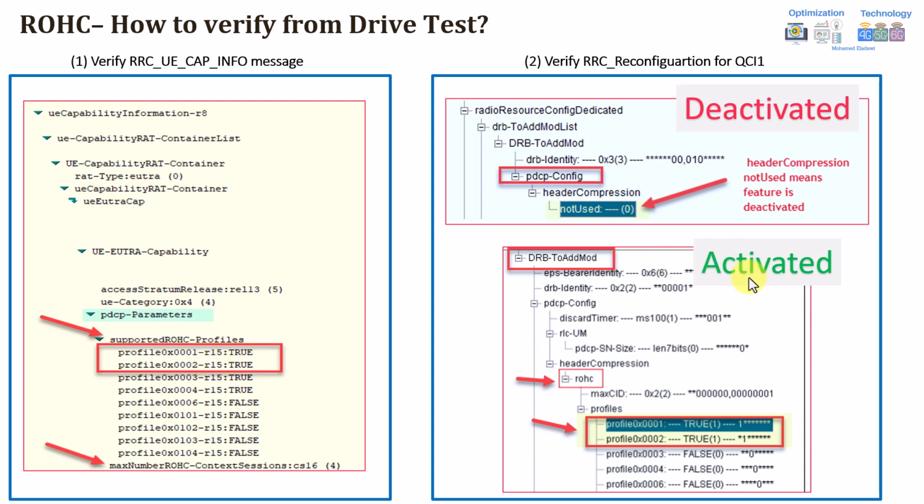But if it's being activated, as you can see here, it will send under the same part, the PDCP layer, under the PDCP configuration. Here, for example, first the RLC, as you know that for QCI 1 it's usually using unacknowledged mode. And here is the ROHC configuration. It will send profile 1 and profile 2, which are shown as true here, indicating that yes, robust header compression is being supported. So now we can start establishing our context.